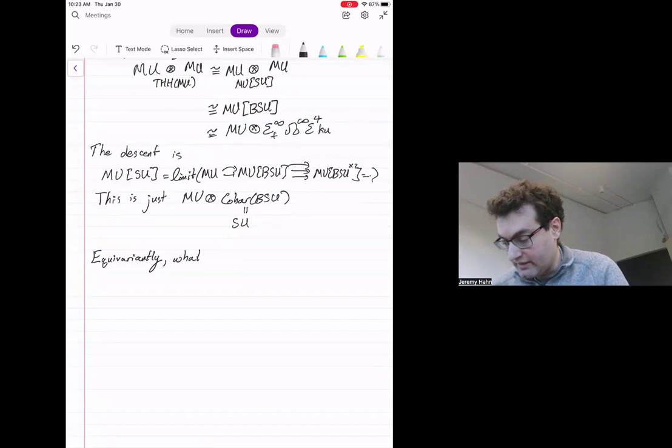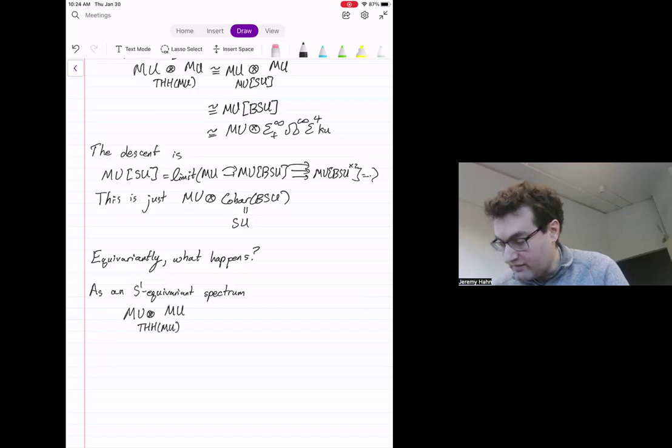What happens, so as an S1 equivariant spectrum, mu tensor over THH of mu turns out to be not too hard to describe, again using this kind of Thom spectrum description.